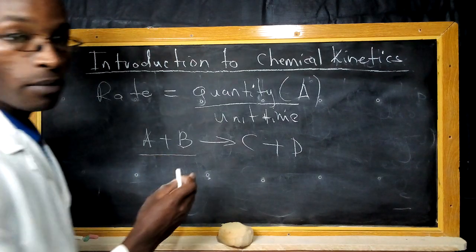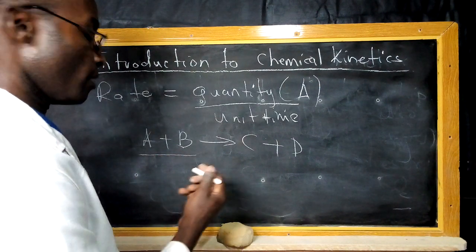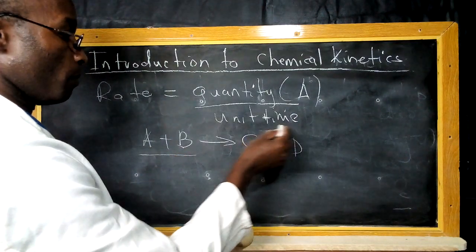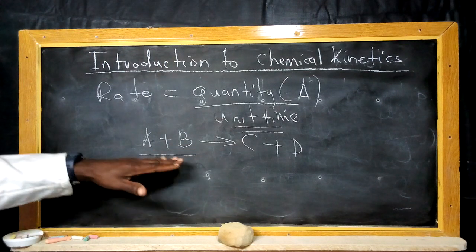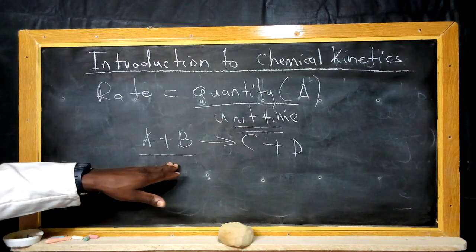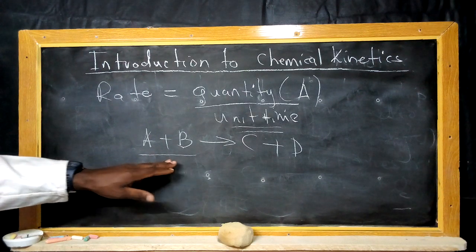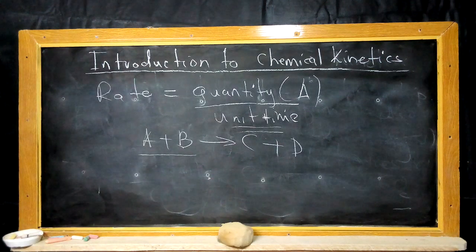They may either be wholly consumed or partially consumed. So if a reactant is wholly consumed, at some specific point in time the reactants will be consumed and the product will be formed. Maybe there will be 0% concentration of the reactants and 100% of the products formed.